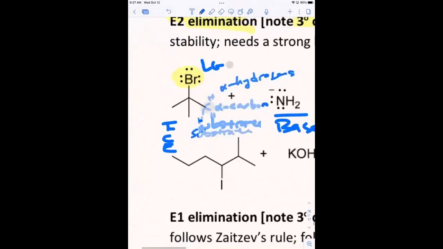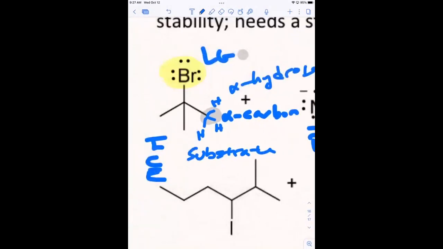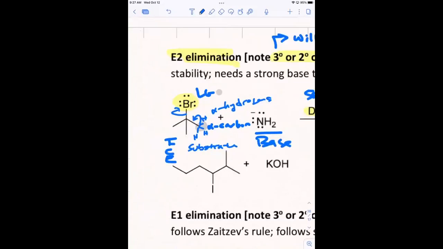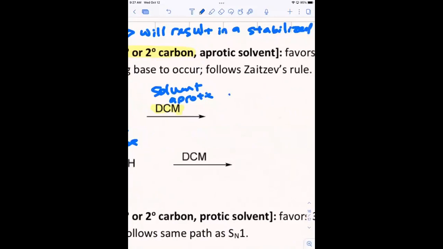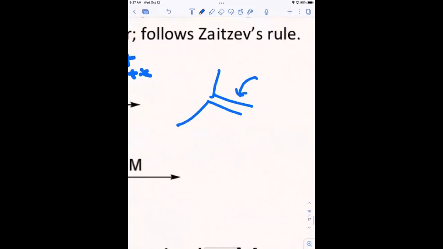All right, and so what happens in elimination is the base is going to remove one of those alpha protons, and that's how your double bond is formed, because as that proton is coming off, the leaving group is leaving at the same time, so it's all concerted. So every elimination results in the formation of a pi bond.